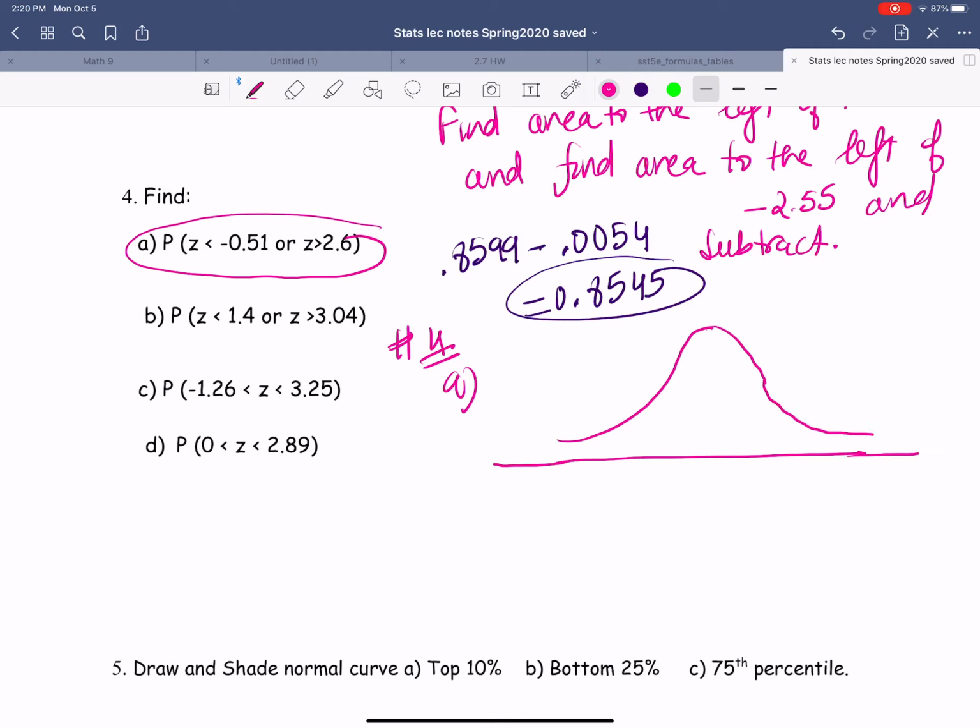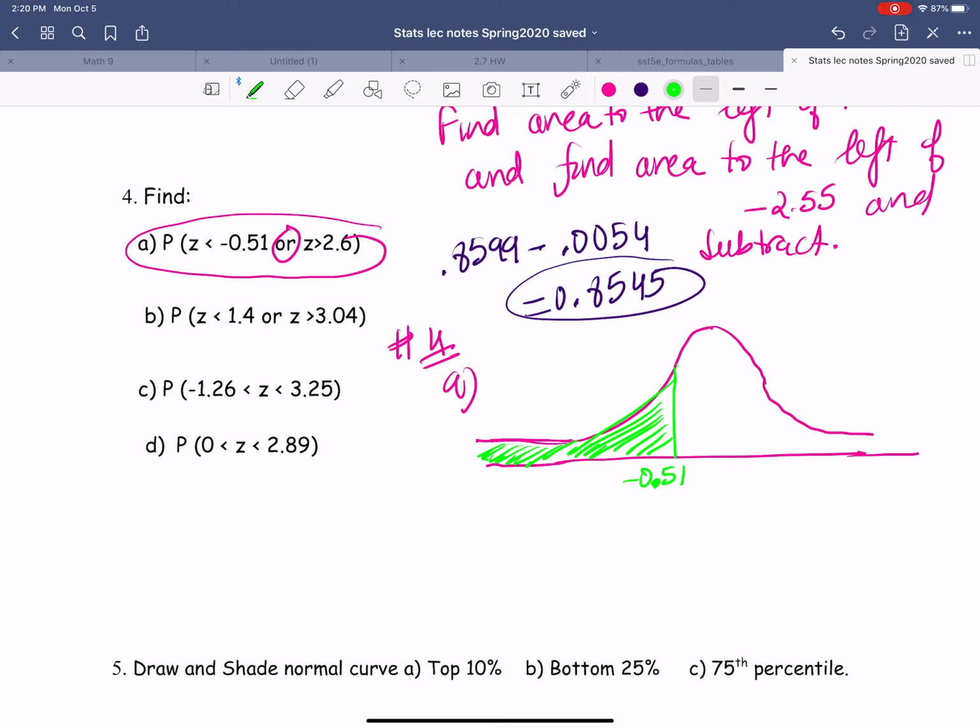Now, the very first thing to keep in mind: or means the addition rule of probability. I'm going to be adding the two areas, okay? Negative 0.51 would be somewhere here. 0 is your mean, exactly in the middle. So let's look for negative 0.51 and find the area to the left of it.